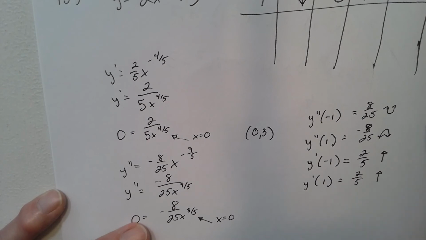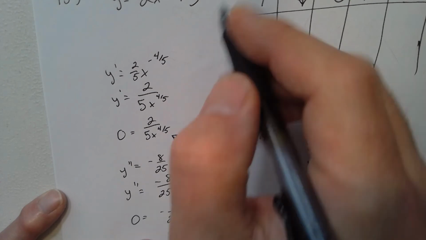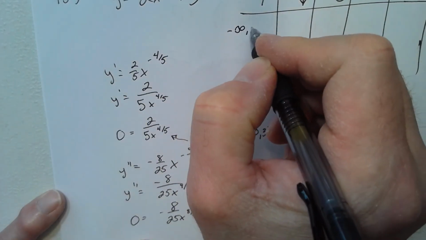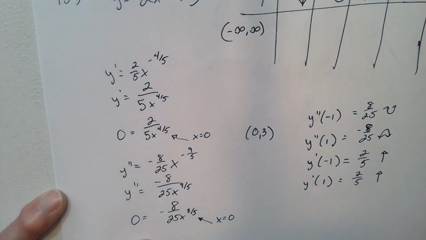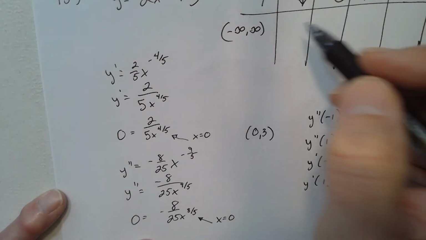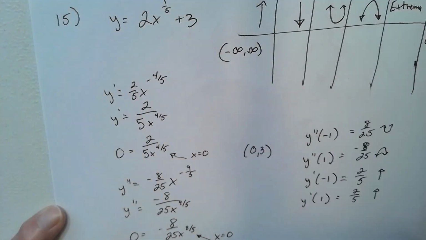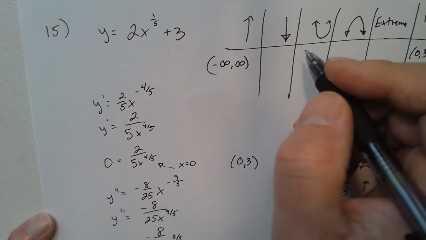We don't have any mins or maxes, so it looks like it's going to increase everywhere. So from negative infinity to infinity, and decreases never.